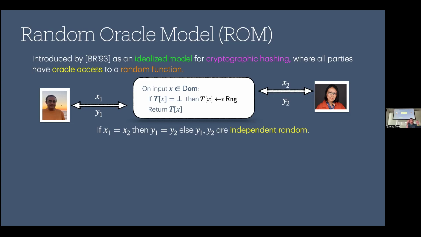Anyone can consult this box, and if two different people consult the box separately and ask the same question, they get the same answer. Otherwise, they get independent random answers. That's the functionality of the random oracle.